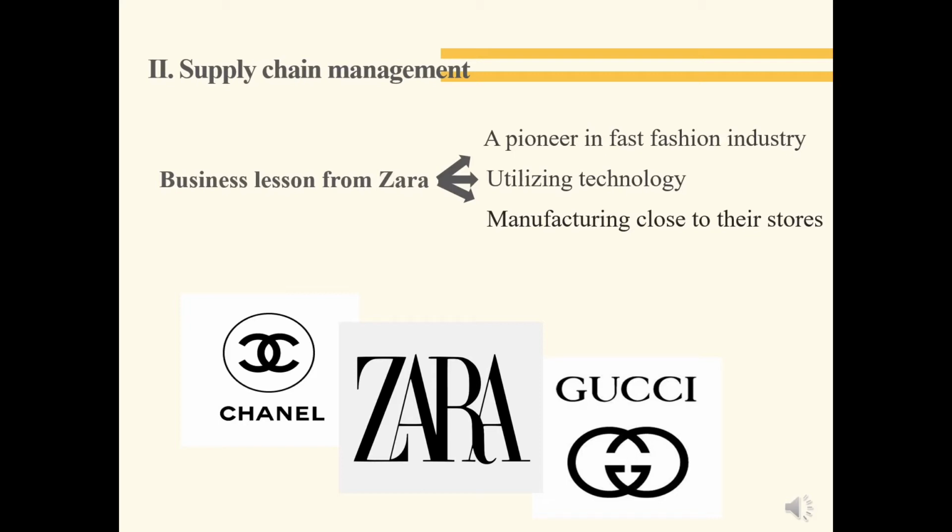Zara is one of the pioneers in the fast fashion industry, and they know how to utilize technology.